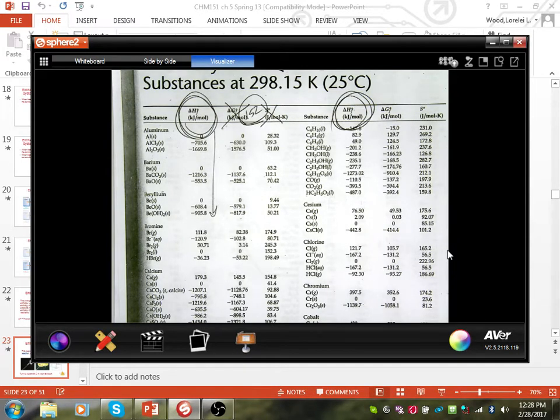Metals, metal solids generally have enthalpies of 0. Because you're going to find a hunk of metal on the ground, copper. We're going to assume that after the Big Bang happened, that copper was sitting there after the Big Bang, so it didn't cost the universe any energy to make that. So a lot of the metals you'll see in solid state, as they exist at 25 degrees Celsius, have enthalpies of 0. So they just exist. It didn't cost energy, it didn't make energy.